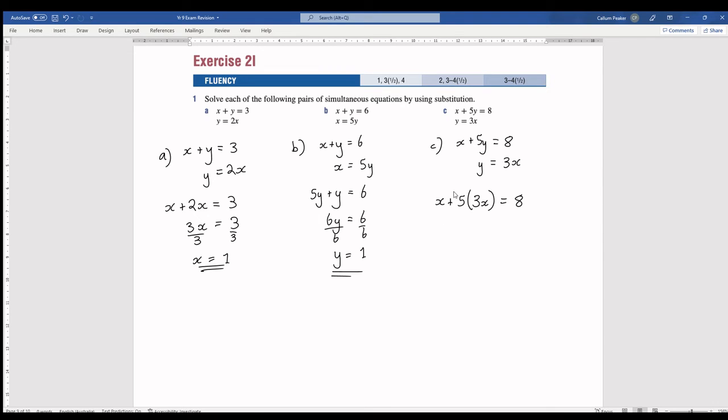I can then expand my bracketed term, so we have x plus 5 times 3x, which is 15x, is equal to 8. I can then add together my x terms, that will give me 16x is equal to 8, and if I divide both sides by 16, that tells me that x is equal to a half. And that is how you would do part C.